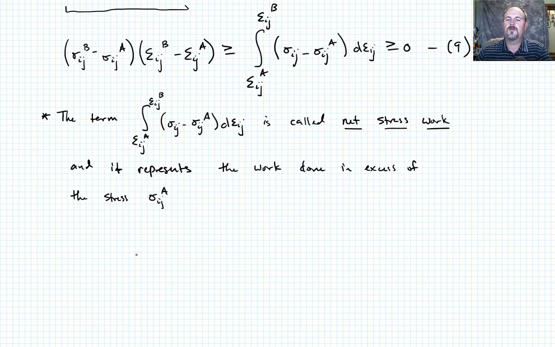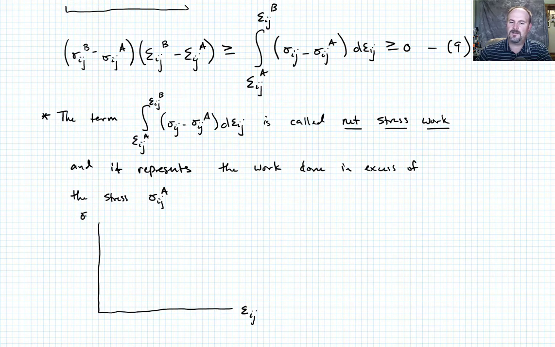Okay? So we can draw a picture of this. Let's draw our stress strain curve. There's our strain, epsilon ij. Here's our stress, sigma ij. And let's say we ramp up and then we get our curve that looks something like this. Let's say this value here is sigma ij a, and some value that's higher is sigma ij b.